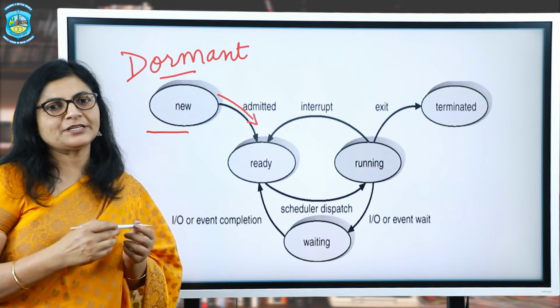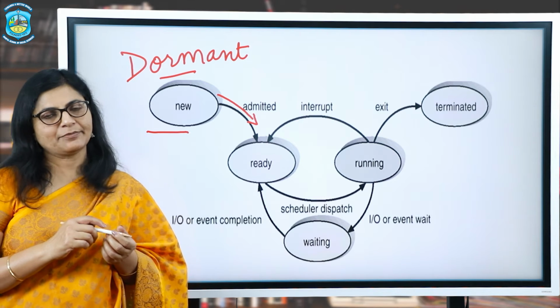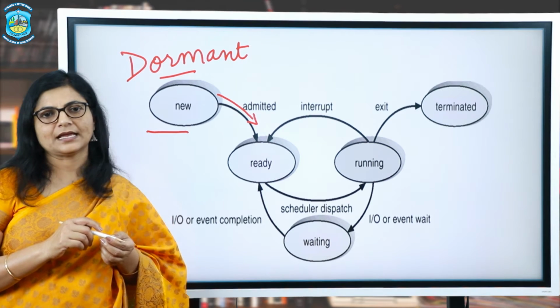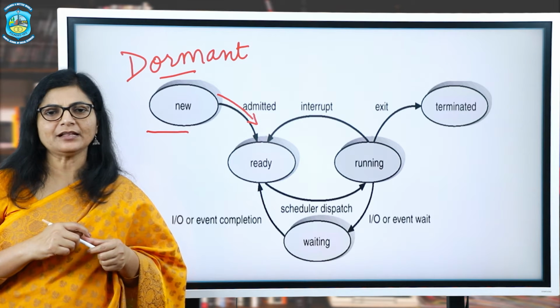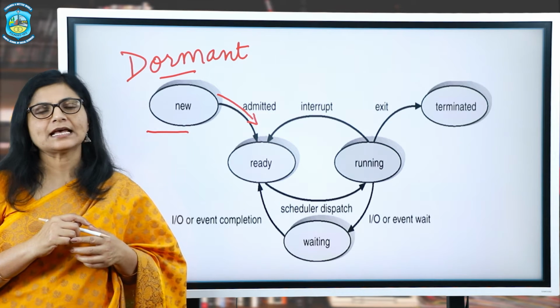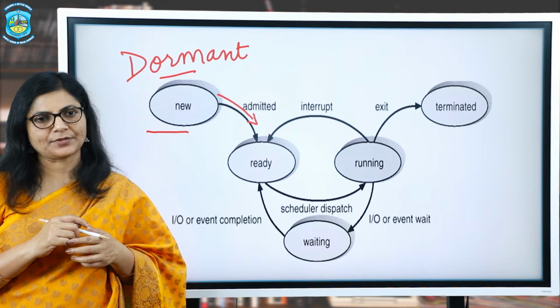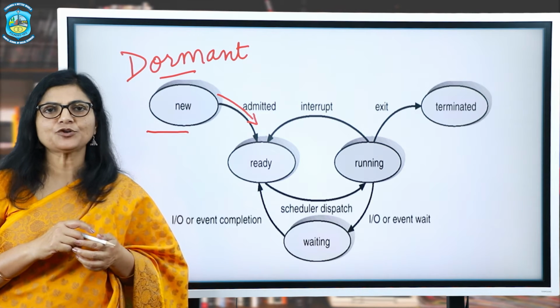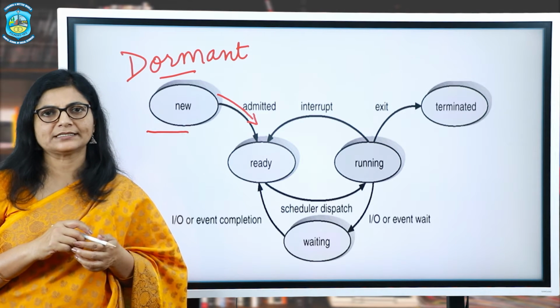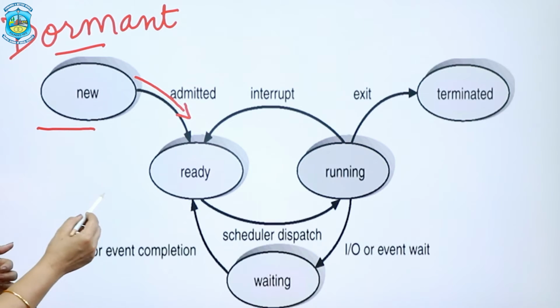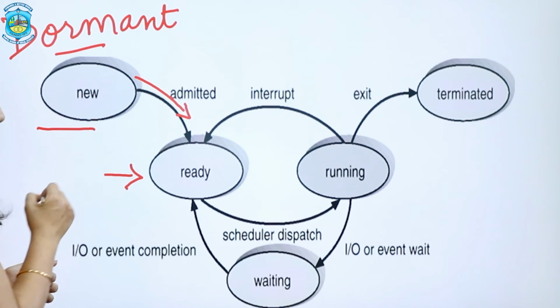So the process has been created but not yet admitted to the pool of executable processes. It is somewhat peripheral because it denotes processes that are not known to or tracked by the operating system. A program which is going to be picked up by the operating system into the main memory is called a new process.